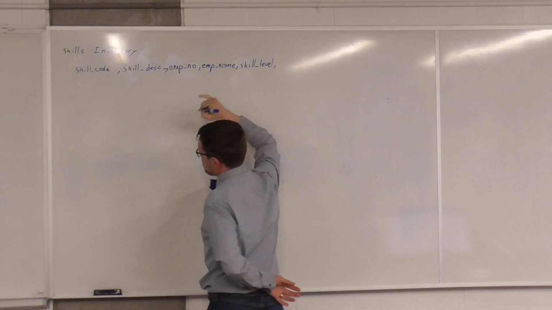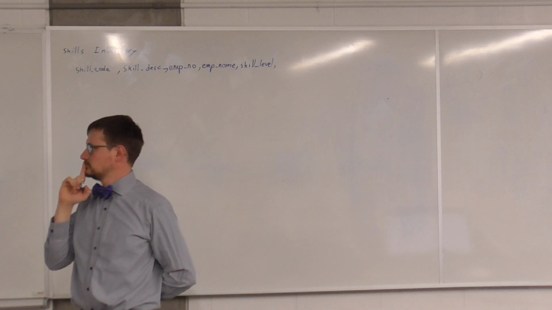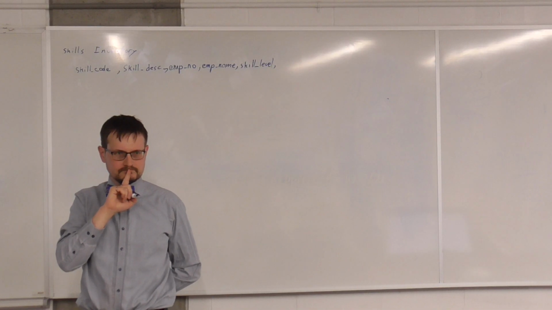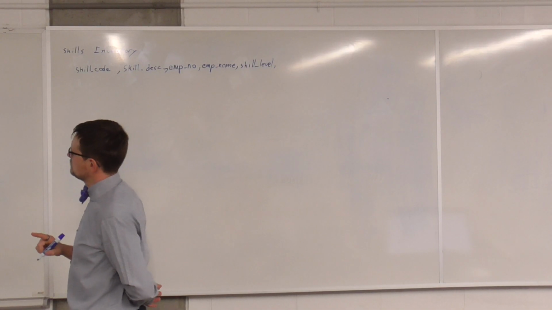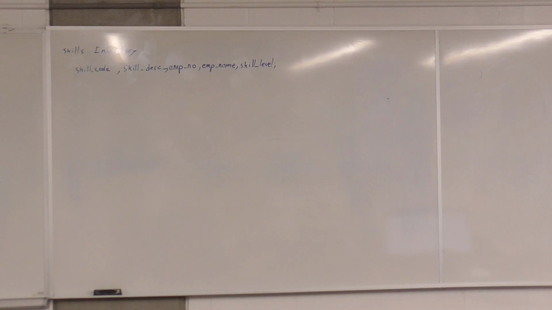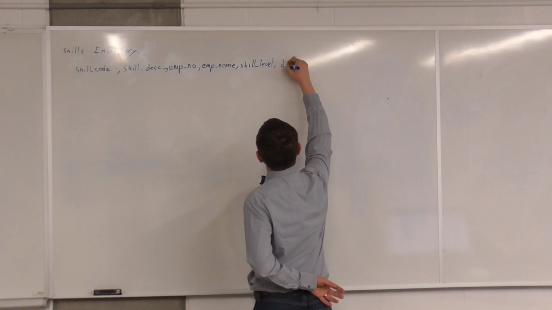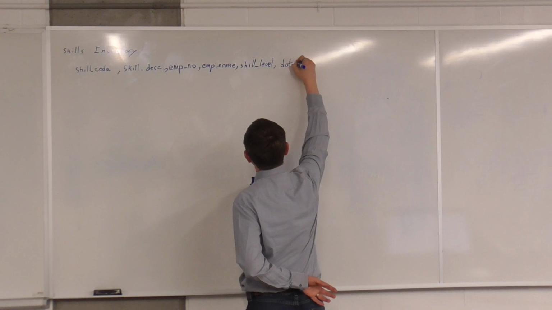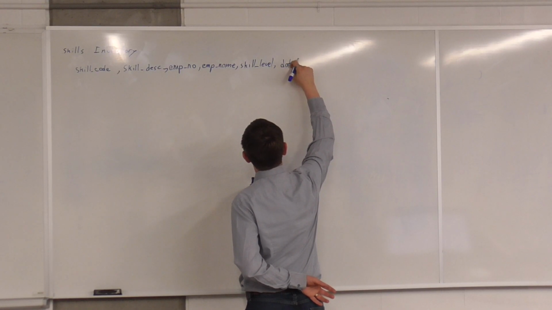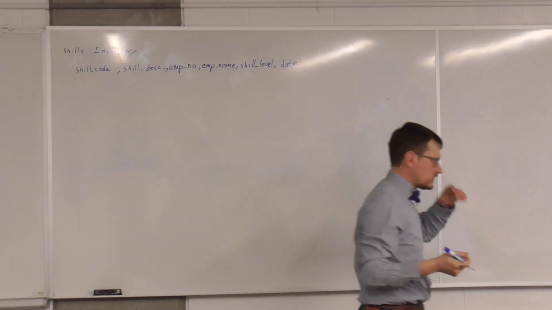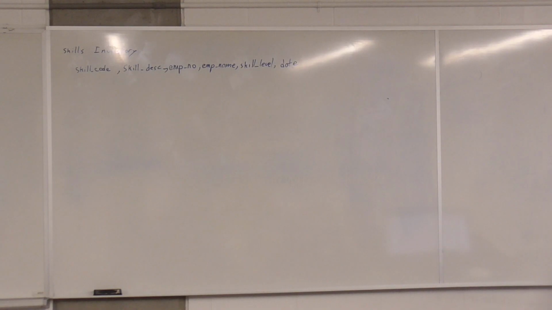There are a couple of others. What do you think? Date. Page number? Let's consider date first. And let's talk about page number. Do you think the page number of the report will have anything to do with anything once everything's in a database? No. Probably not, right?